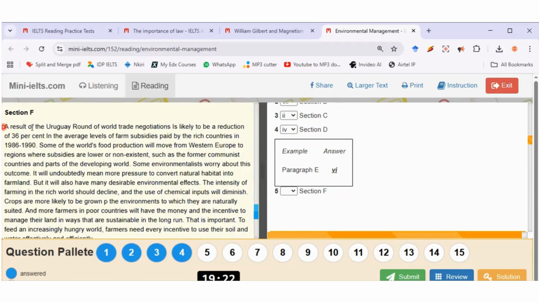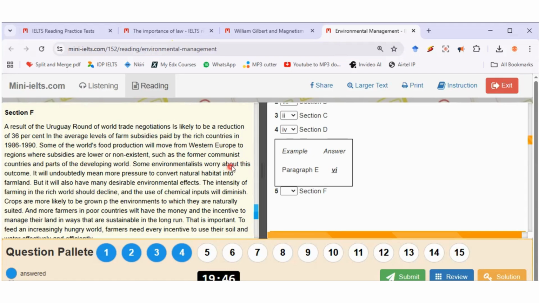A result of the Uruguay round of world trade negotiations is likely to be a reduction of 36% in the average levels of farm subsidies paid by the rich countries in 1986 to 1990. Some of the world's food production will move from Western Europe to regions where subsidies are lower or non-existent, such as the former communist countries and parts of the developing world.